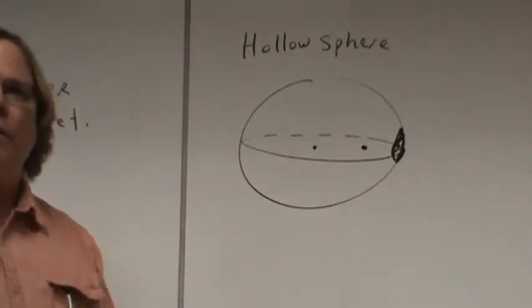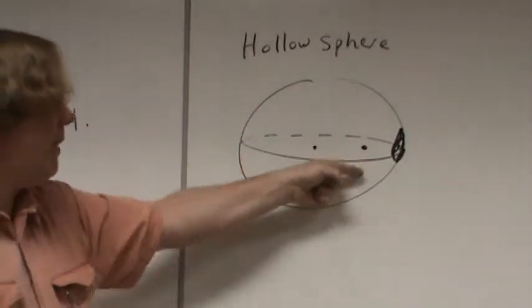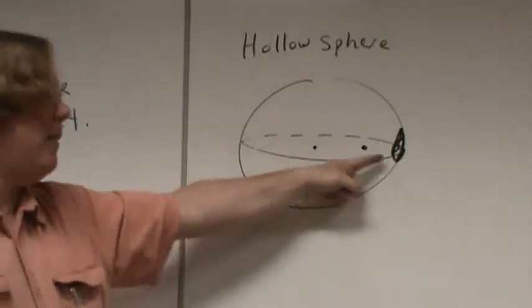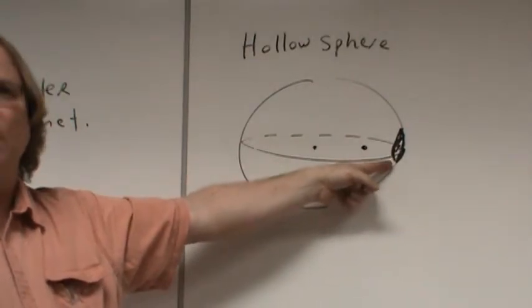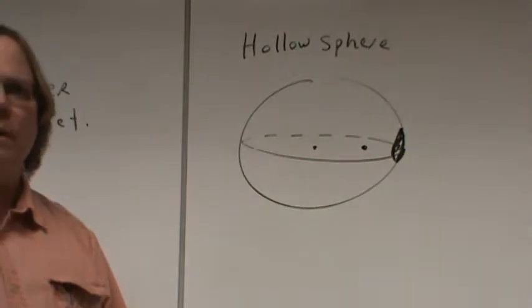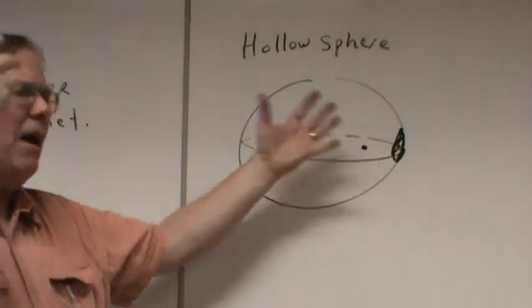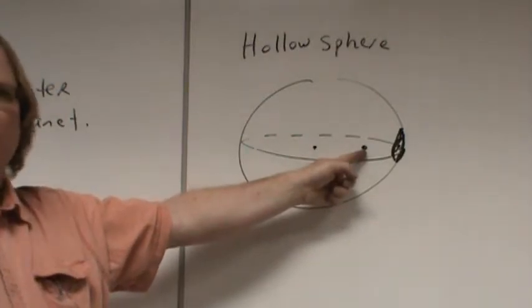It's bigger. There's more of it, right? There's more sphere to my left than to my right. To my right is closer, so it exerts more force, but to the left there's more of it, so it exerts more force. So what do you suppose the outcome of that is going to be? What's the net force going to be?